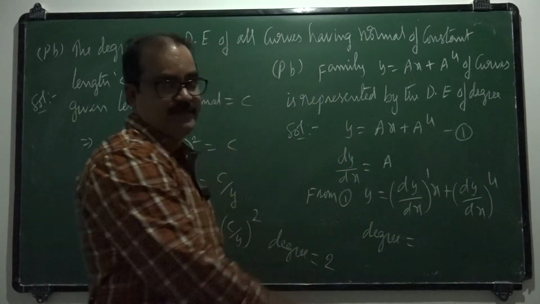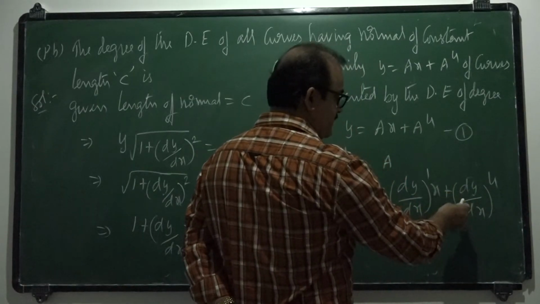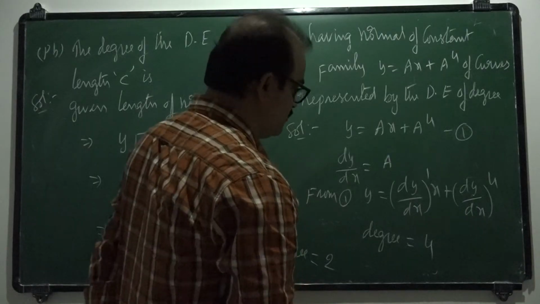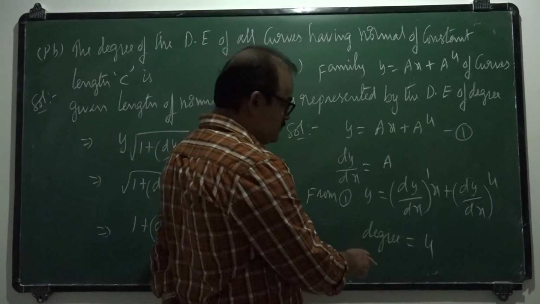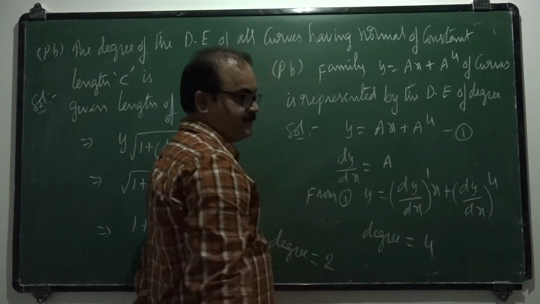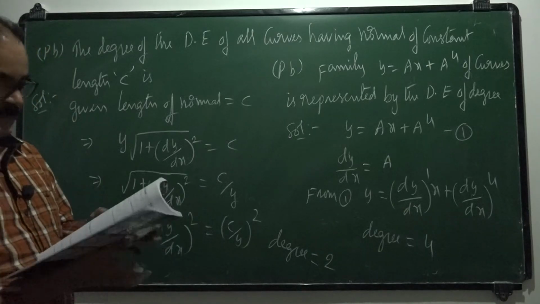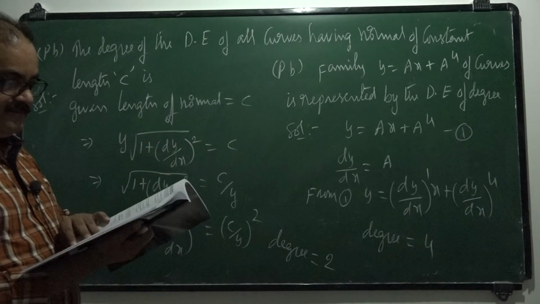Both are first derivatives. But what is the highest power of the highest derivative? That is 4. So degree is equal to 4. To find degree, we choose the highest power of the higher order derivative. In this way, we can find order and degree of any equation.